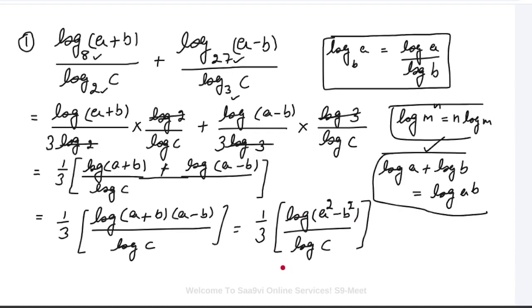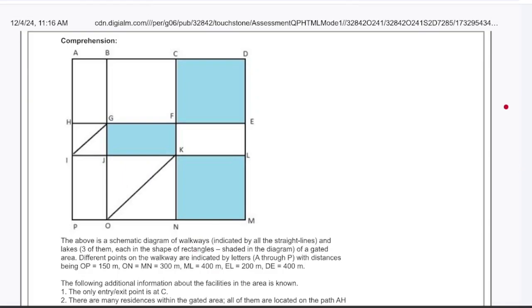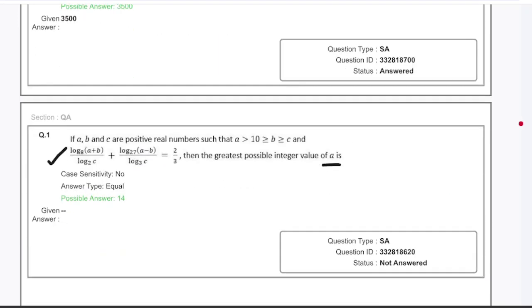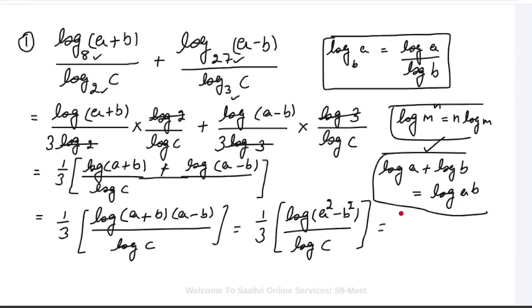Now this is the left hand side which I have, and in the question we have been given that this is equal to 2 by 3. So let's put this equation equal to 2 by 3. The 3 will get cancelled here.